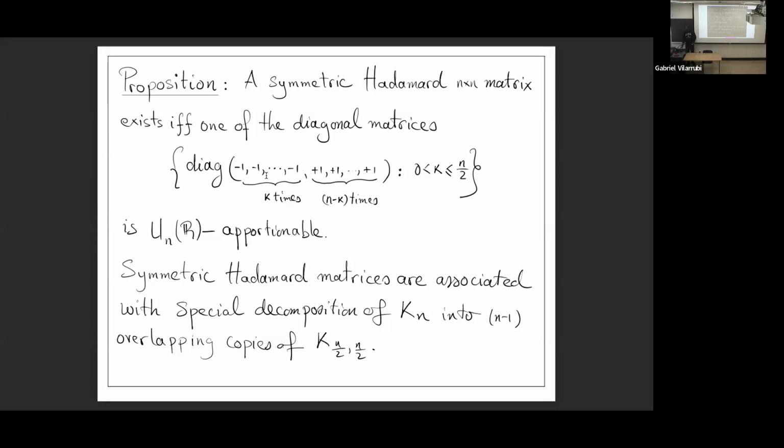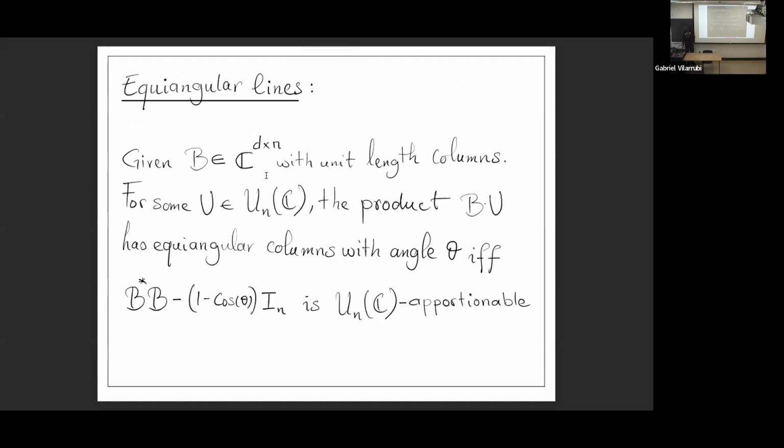Okay, but are there other problems that reduce to this so-called apportionment problem? There's another fantastically hard problem that reduces to apportioning, and it is the following. I give you a matrix B. It's D by n, and I tell you that each column has unit length, length 1.